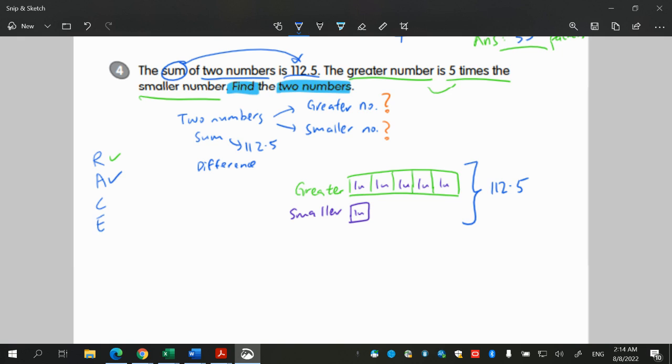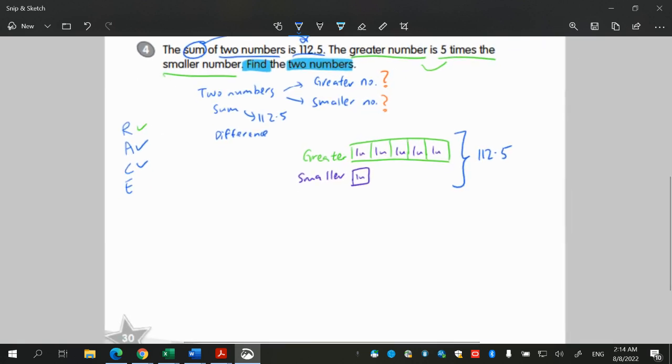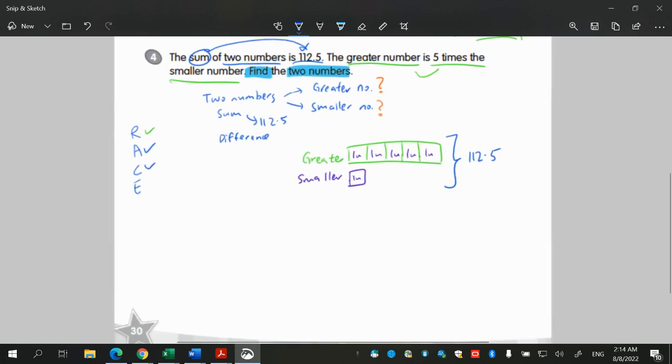Given this information, you will know that it's not so simple. You have to find both the numbers, bigger and smaller. So there are a few things to find. That's why this question is going to be a little bit more challenging. You can't solve it in one step. With the information you've got, I'm going to start solving. I chose the unitary method. The greater number is 5 units, and the smaller number is 1 unit.